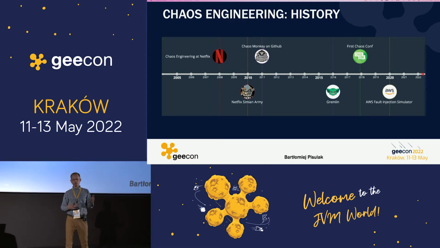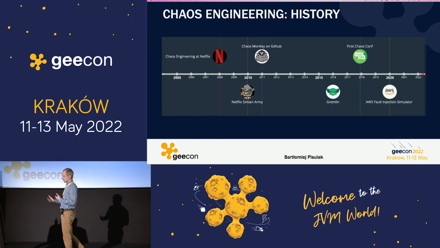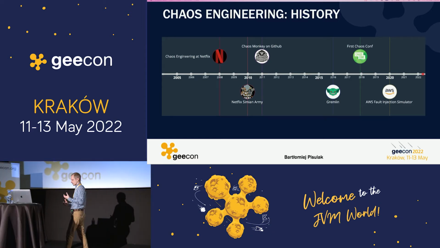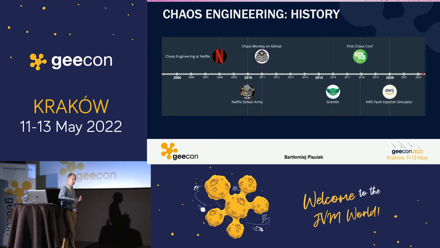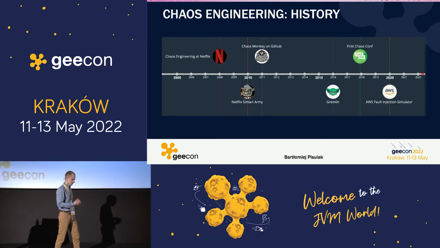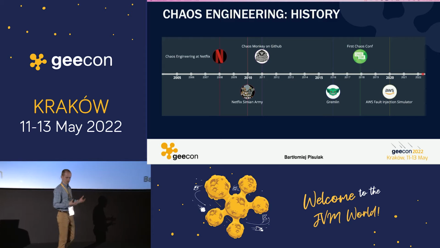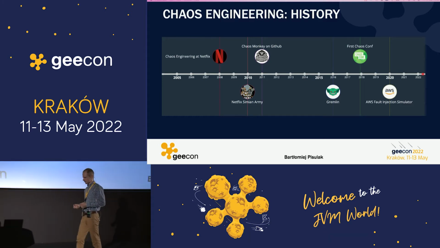Of course, there were different people probably doing chaos engineering before Netflix, but it was not that popular or formalized. So what Netflix did, they started working on some tooling, and also they started changing the mentality of the people working in their company, so they could start thinking about chaos engineering. The first tool that they came up with was a very simple tool called Chaos Monkey.